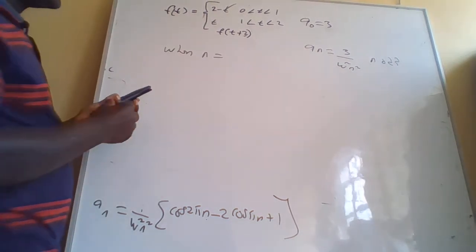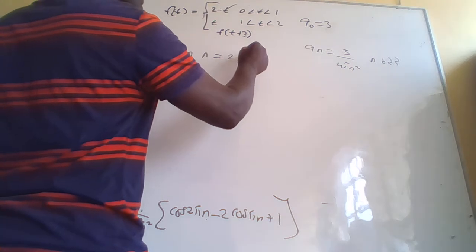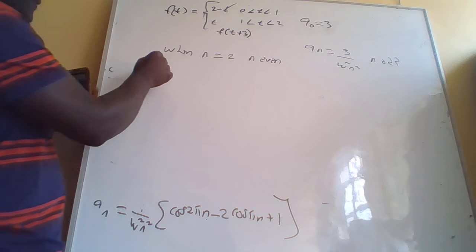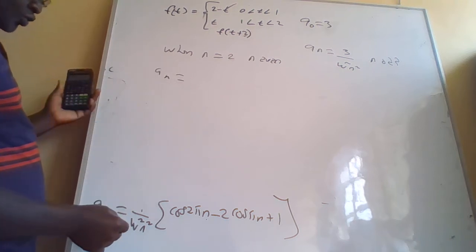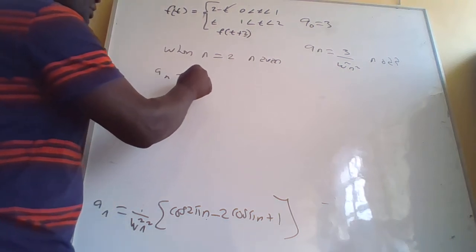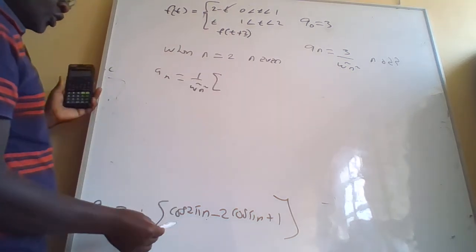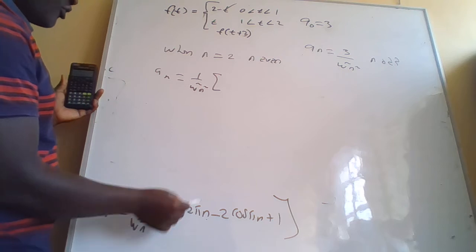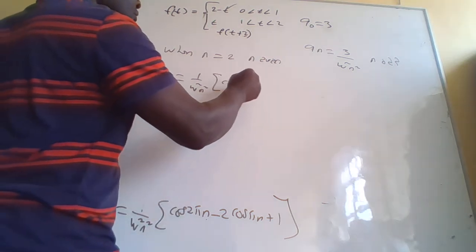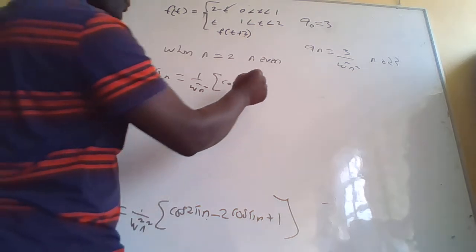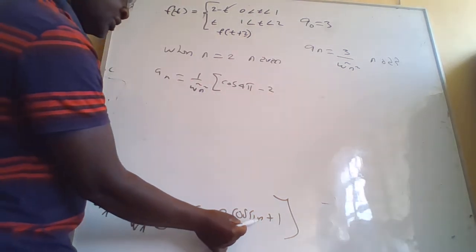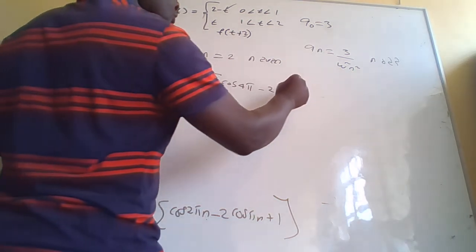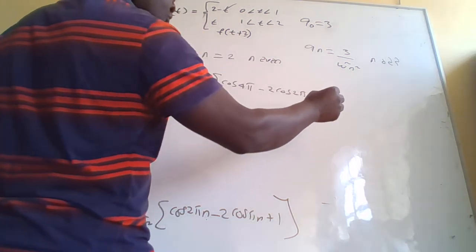When n is even, our an will be equal to 1 over omega squared n squared into, so n is 2, so it will be cos 4 pi minus 2 cos 2 pi plus 1.